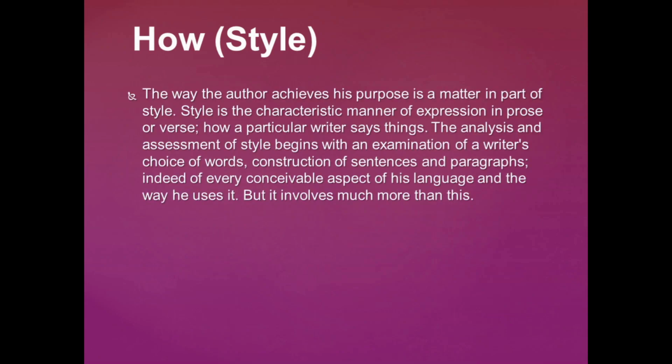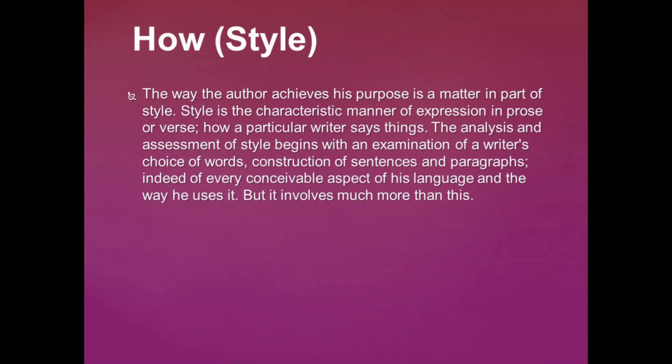The next interesting part of the prose passage is how. How does the author achieve this using the appropriate style? The way the author achieves his purpose is a matter in part of style. Style is the characteristic manner of expression in prose or verse. How does a particular writer say this?